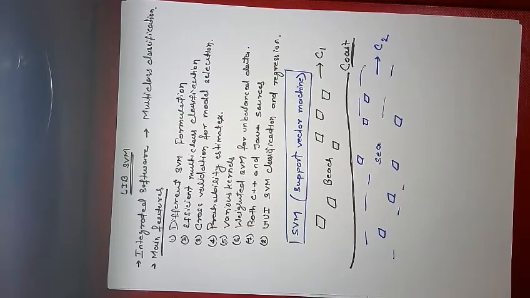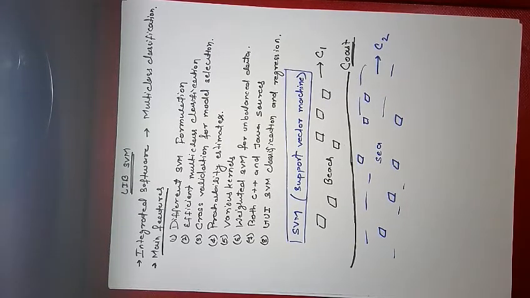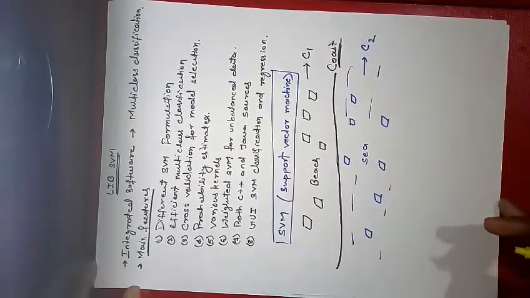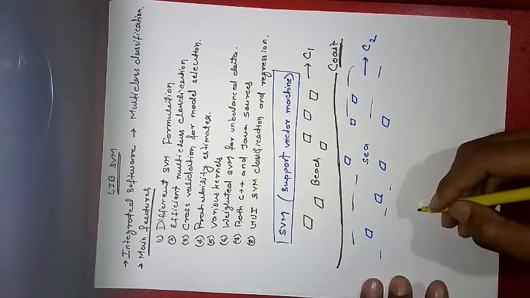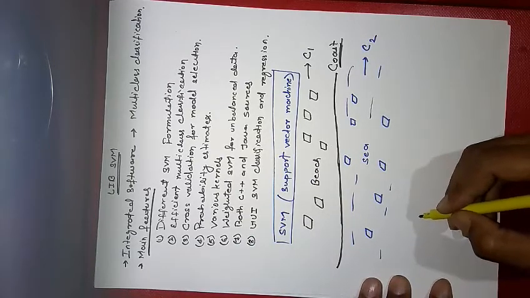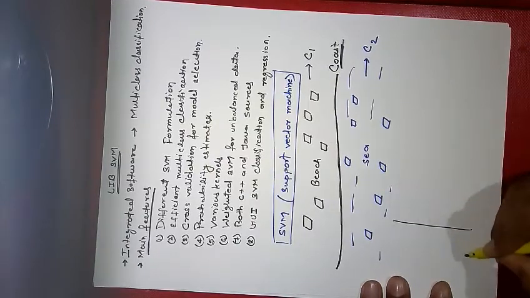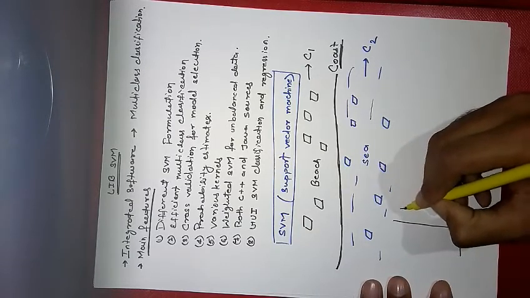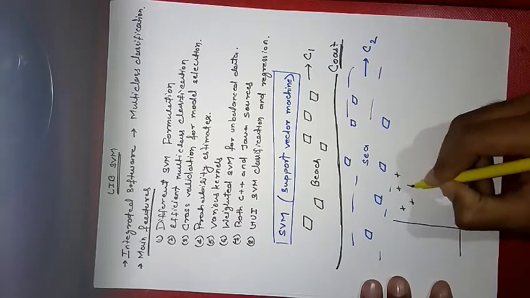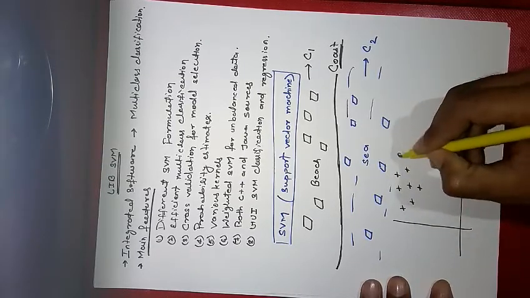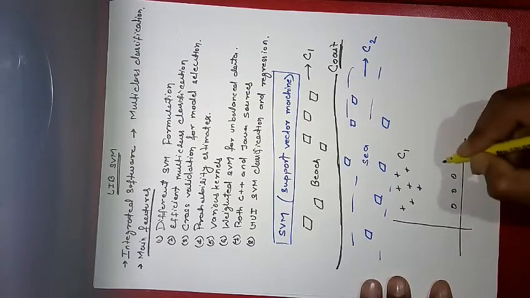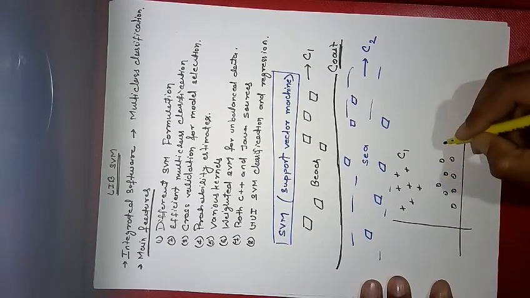In geometrical language we can represent the SVM like this: if this is a graph, this is one object of a similar class, that is C1, and here is another object of a different category, which is C2.